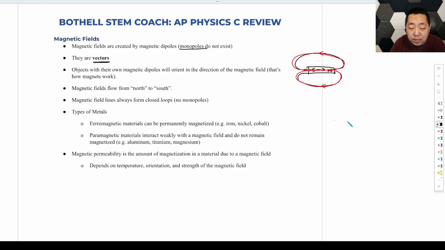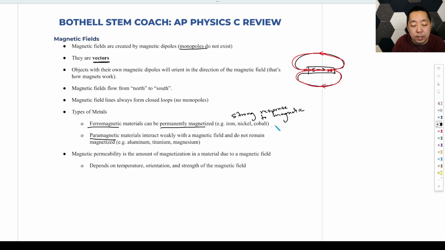In terms of magnetism, some properties, which I think are a little bit new to AP Physics C, are the difference between ferromagnetic materials versus paramagnetic materials. This is just a terminology thing that I want you guys to know: ferromagnetic materials can be permanently magnetized. They have a strong response to magnetic fields. Okay?